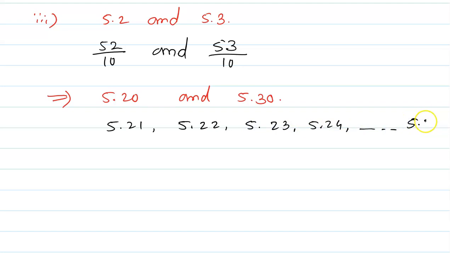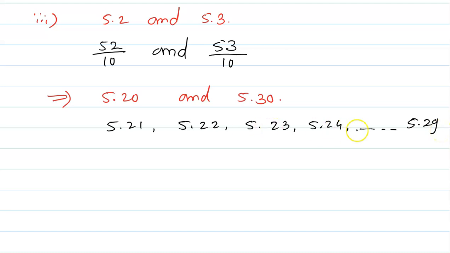So there are a number of decimals, or we may extend with a 0 after the decimal, so that 5.200 and 5.300, and we may get more decimals that lie in between them. So after the decimal there are 3 places, that means up to the 1000th place we may have.